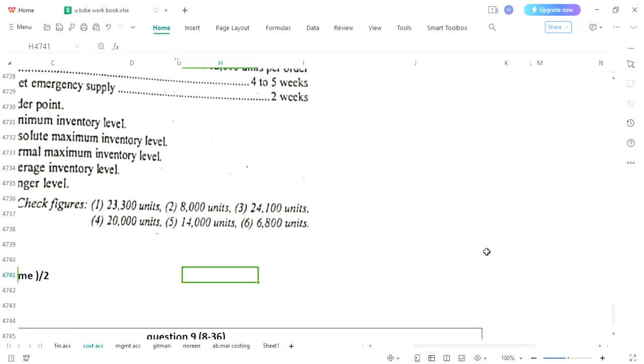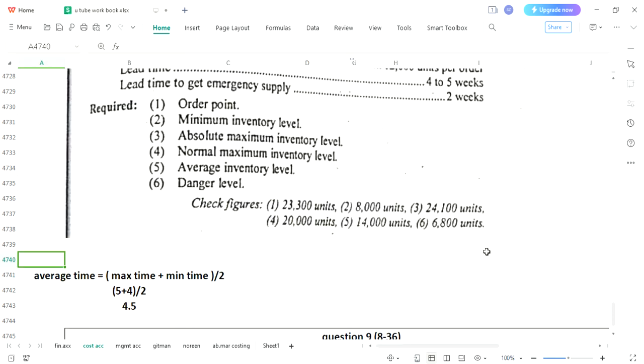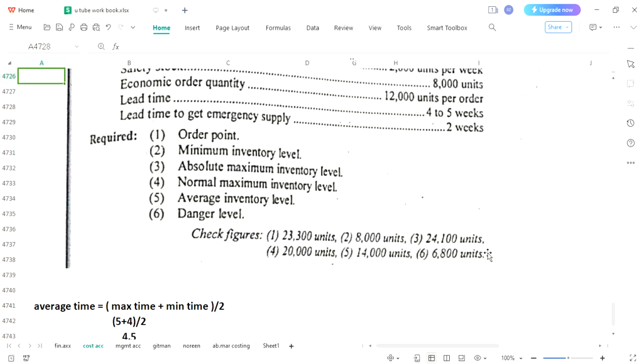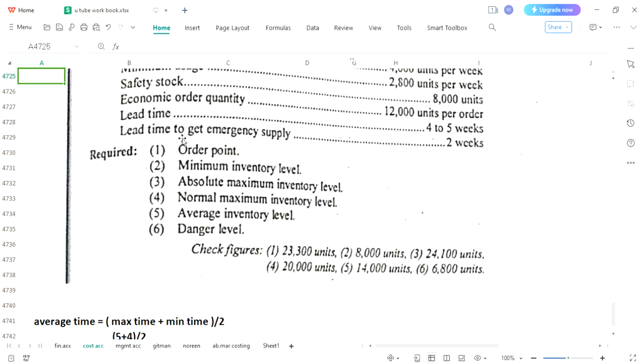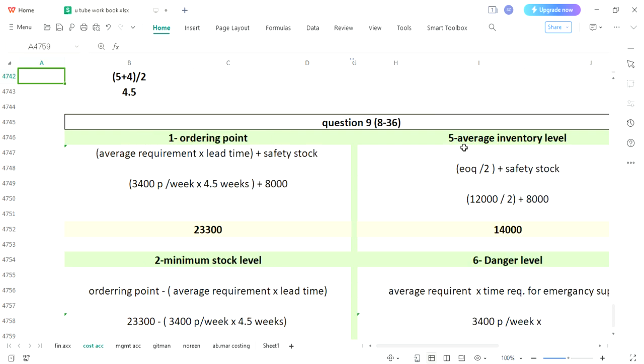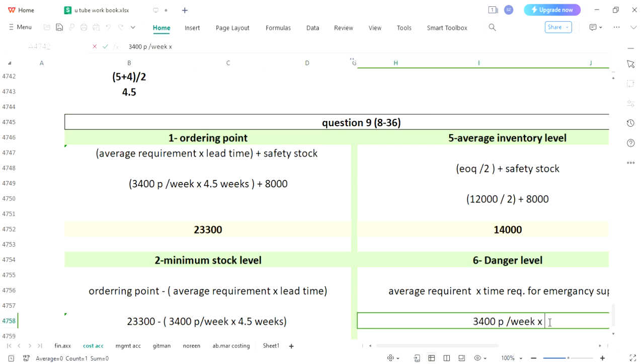Let's get back to the question, and we need time. Look at over here, we have time to get emergency supply, and that's 2 weeks. So we will simply be putting 2 weeks.